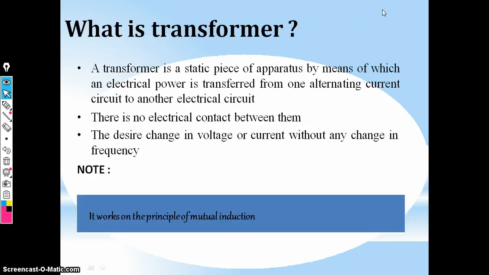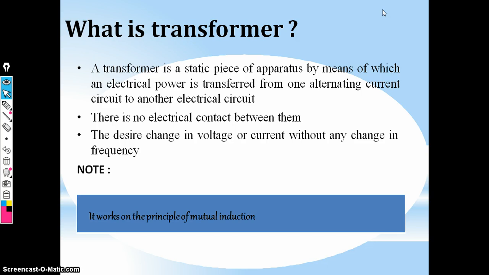Then the next point is what is a transformer. That means what is the meaning of transformer. Transform means to change the voltage level from one side to another side. Also, the transformer is a static device, and it converts the voltage level from one side to another side.